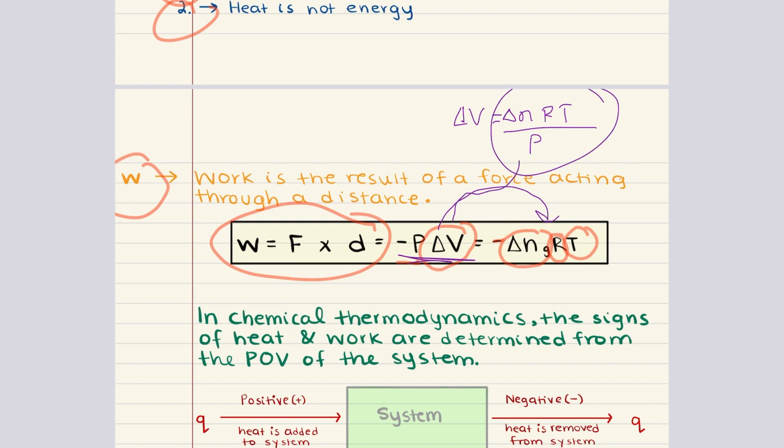And if we go ahead and replace the delta V term with this, we'll notice that the pressure terms cancel out and we get negative delta n, for the number of moles changed for gases, multiplied by RT. So this is where that version of the equation comes from.